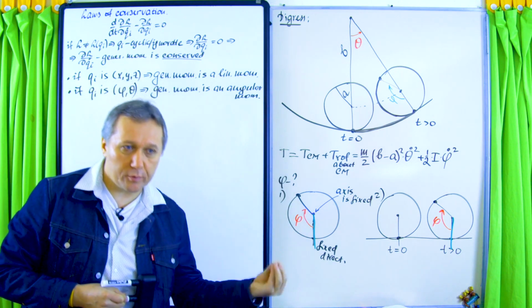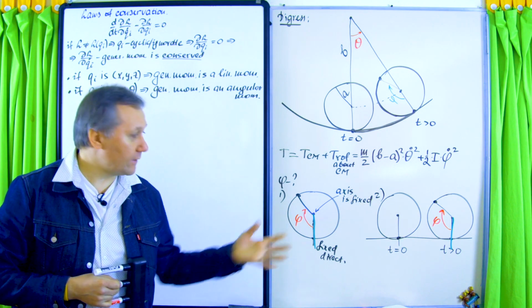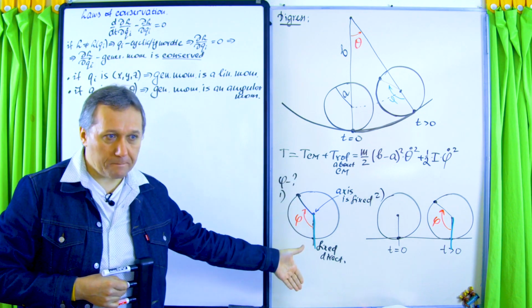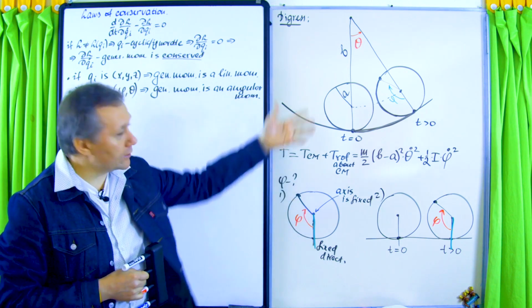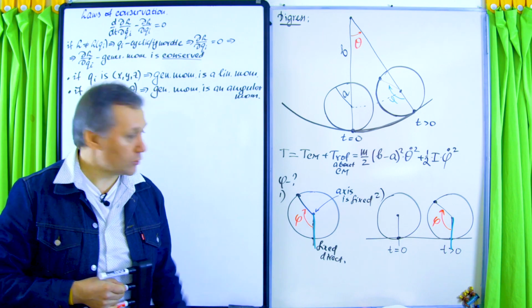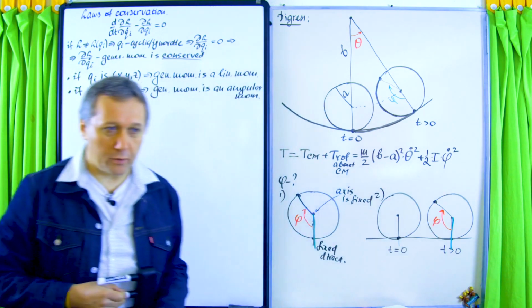In this case, we have only pure rotational motion about the center of mass, right? And every time the direction from which the angle is measured is fixed. Now let's go back to our situation. Here there is no trouble using 1/2 I and this phi dot squared.